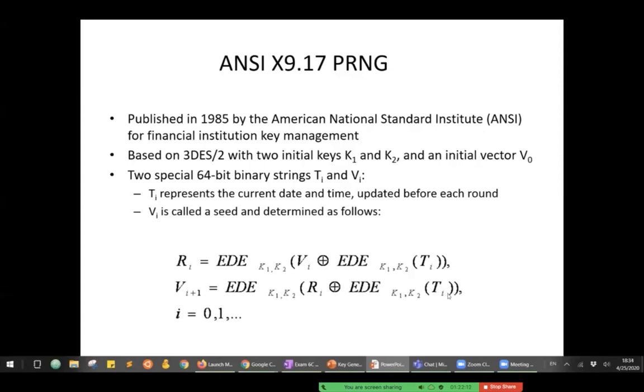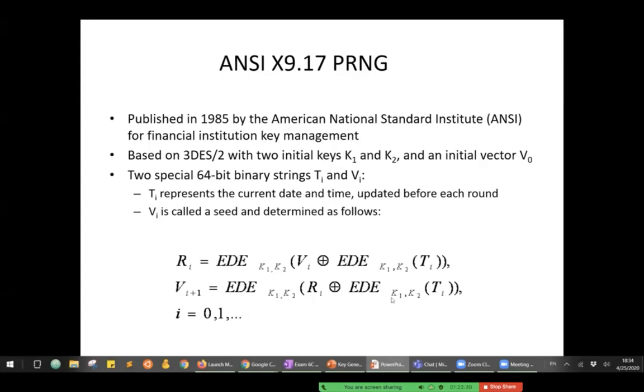So TI is the current time. You basically do the same thing again, and then you exclusive OR with RI. RI is this whole thing. You can place it in here, and then apply 3DES/2 again. So then your random values will be R0, R1, and you can keep on going.